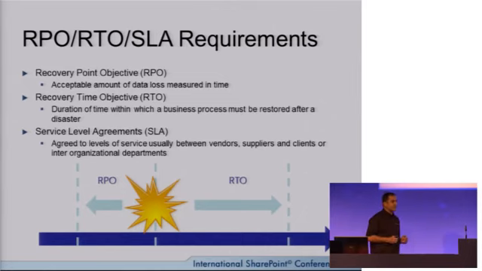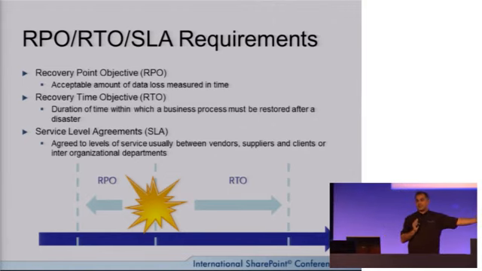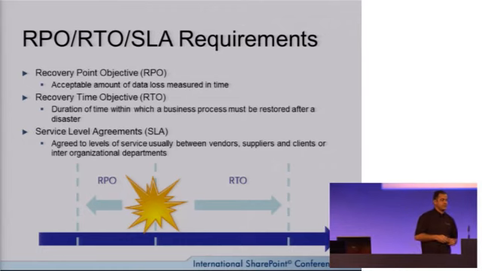That basically says that if we get a failure at this point in time, how much committed data can we actually afford to lose? That's our RPO. Our RTO is, from the point of failure, how long is it going to take before we're up and running again? These two things really drive what type of solution we need to put in place from a high availability and/or disaster recovery perspective.